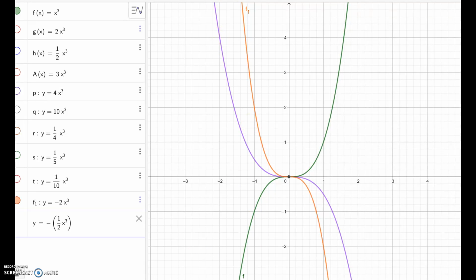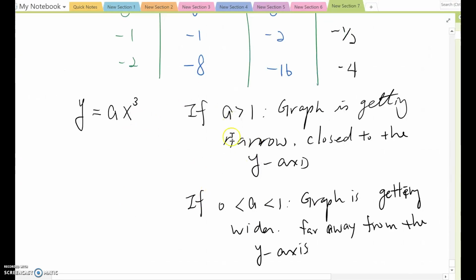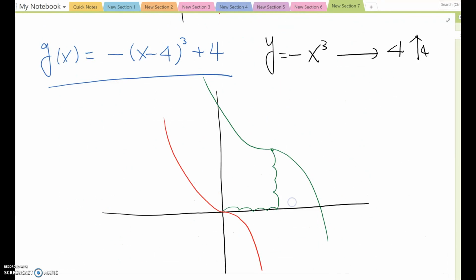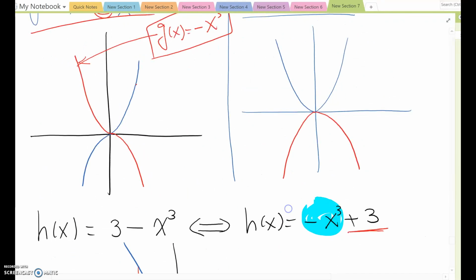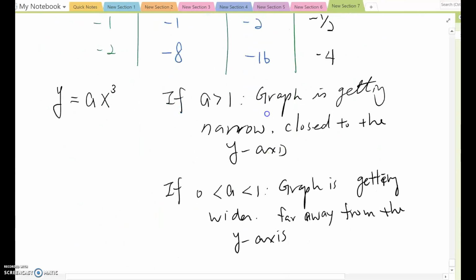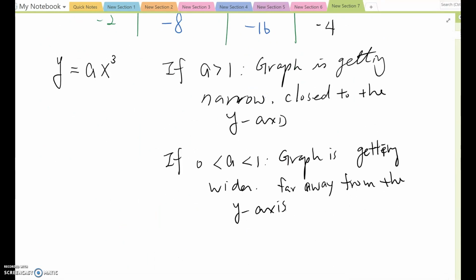Therefore, when we talk about this property, it's centering on the positive x cubed graph. If it becomes a negative x cubed graph, the graph is in the opposite direction like this, and then we follow this property again.